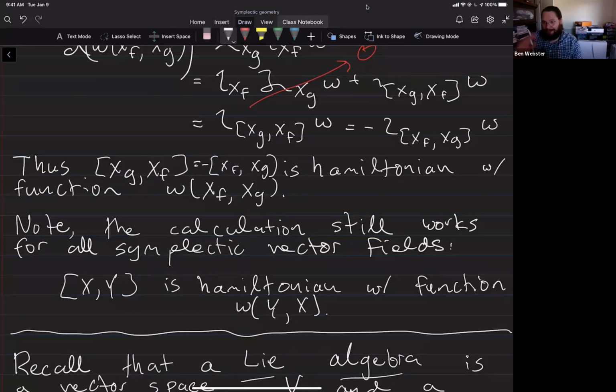Cannas da Silva proves this in this generality, so I won't go through the proof again. You just note that every equation here only used the fact that Xg and Xf were symplectic, not that they were Hamiltonian.